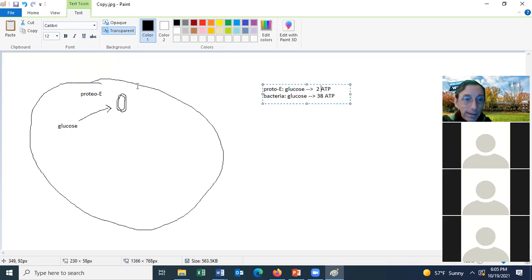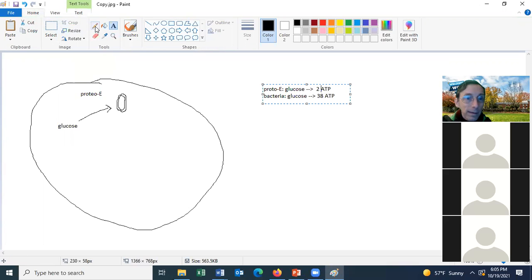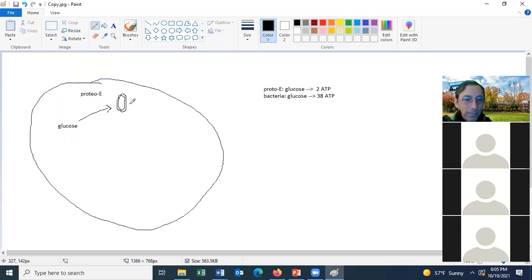For whatever reason, probably because life was early back then and it just did things, which was not necessarily the best for the bacteria, although it actually turned out to be good for the bacteria later on.